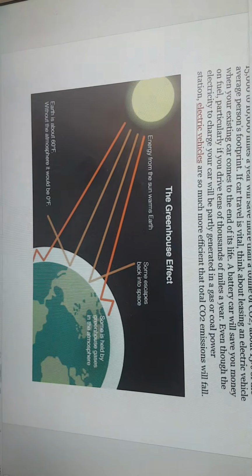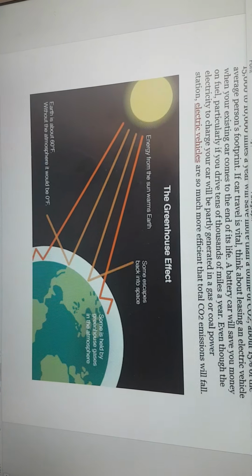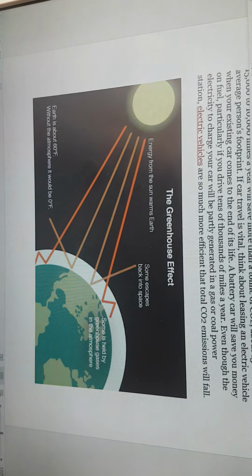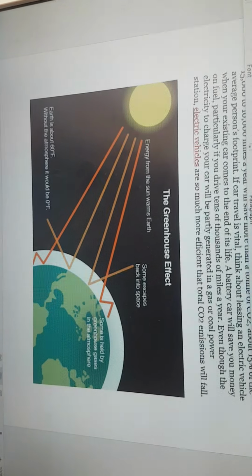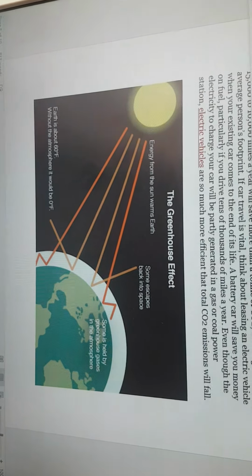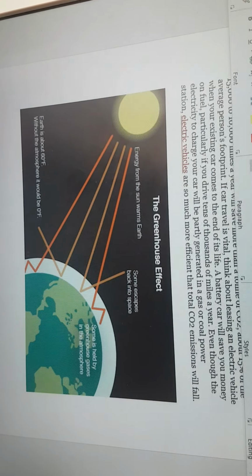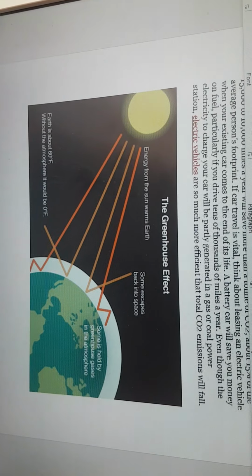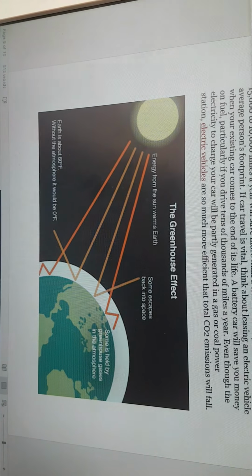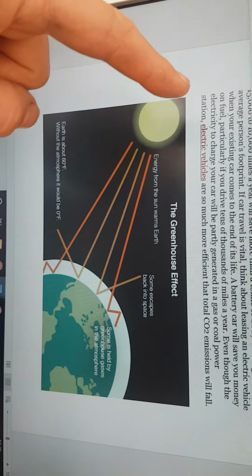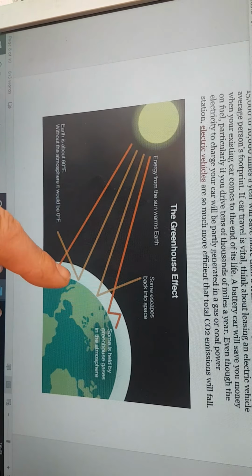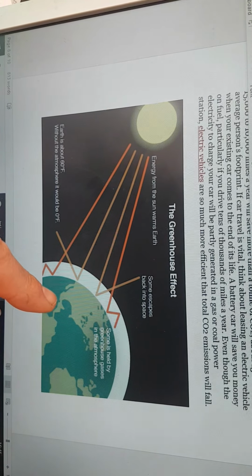The greenhouse effect and global warming don't mean exactly the same thing for starters. Global warming basically just describes the fact that the Earth is getting warmer. The greenhouse effect does not mean the same as global warming, but the greenhouse effect causes global warming. As shown in this little image, solar radiation hits the Earth.